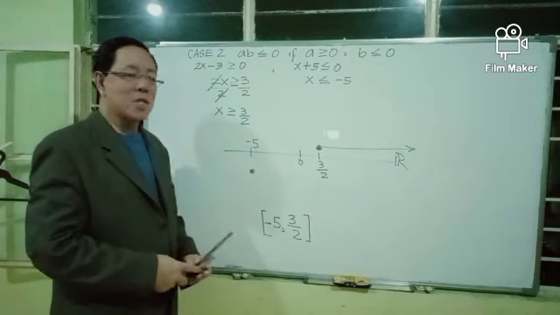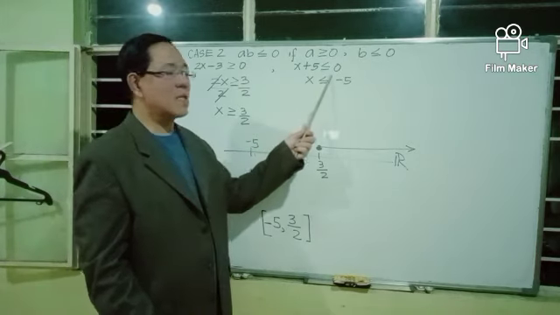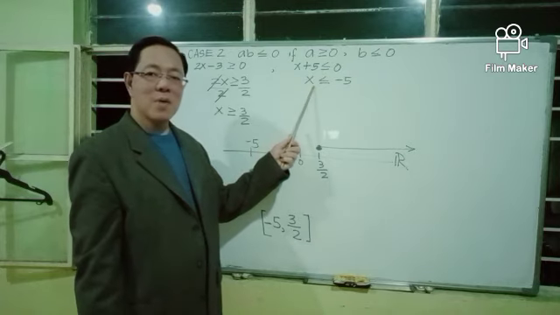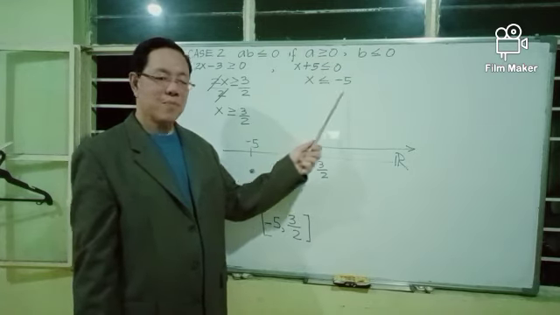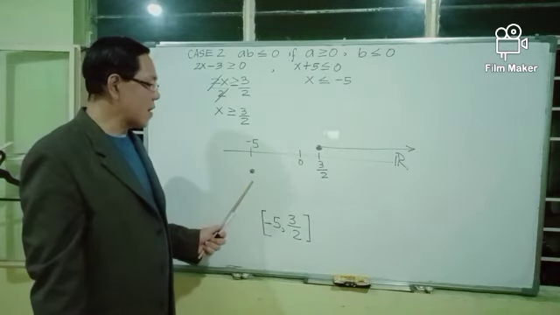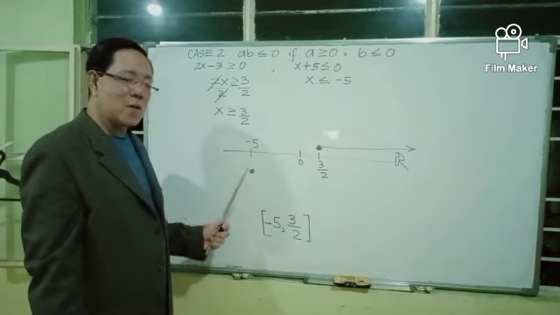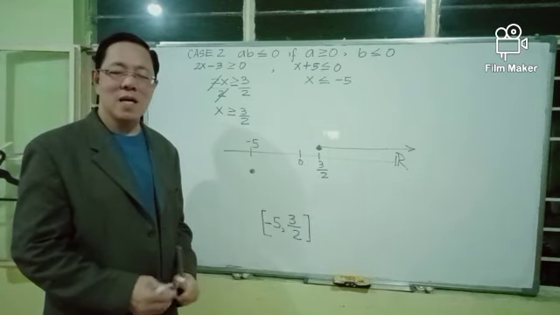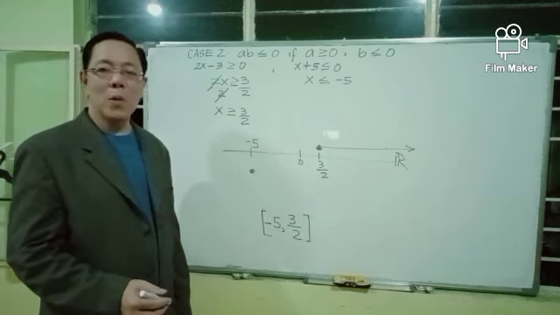And the other solutions of x plus 5 less than or equal to 0 are the real numbers that are less than negative 5. In the diagram, these are the real numbers to the left of negative 5, and we indicate that by an arrow going to the left.